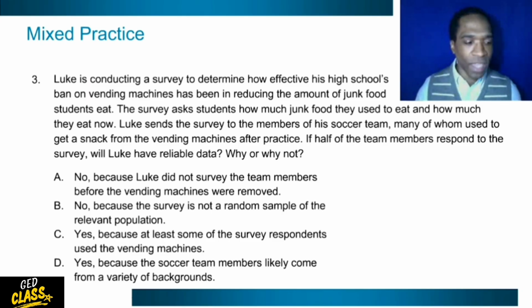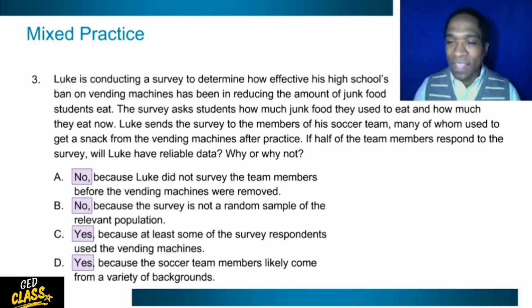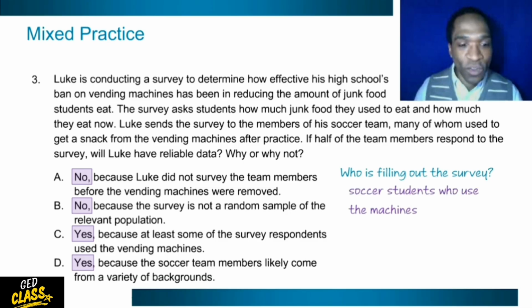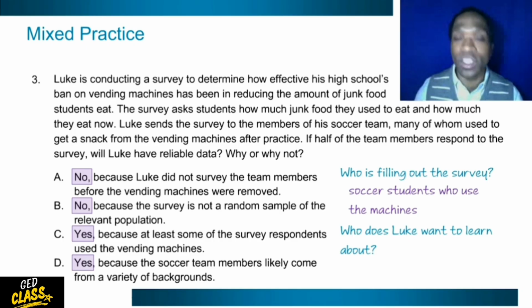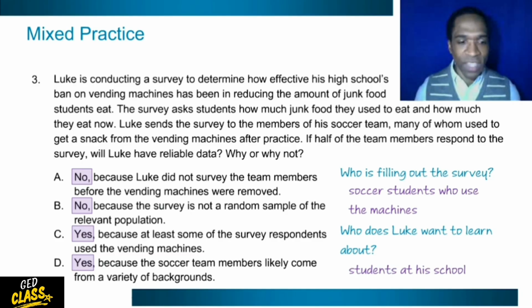It's either yes or no. So we can start there. And by starting there, let's compare who Luke surveyed to who Luke wants to learn about, right? So who's filling out the survey here? Well, it's the soccer students who use the machines. But who does Luke want to learn about? Is it those soccer students? Well, no, it's all the students at his school.